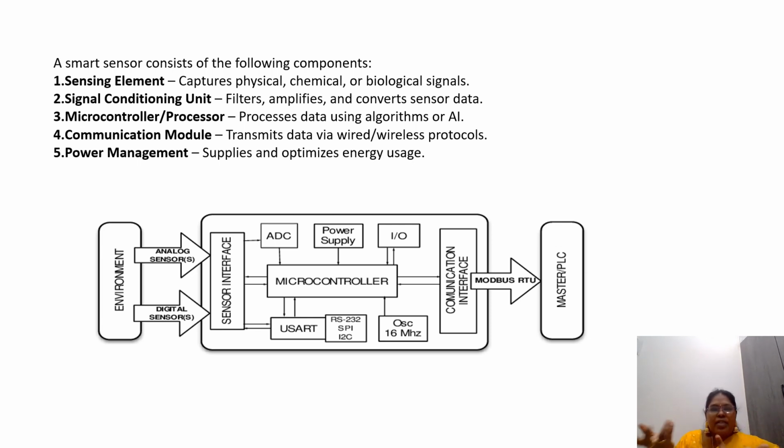But now in smart sensing, you have a sensor element that captures different types of signals and converts them into an electrical signal. Whatever signal is captured may have some noise, so we have to do signal conditioning. Signal conditioning is nothing but filtering those noises. After filtering, the signal is very weak, so we need to amplify it. Then the analog signals may be converted into digital signals, so we need signal conversion.